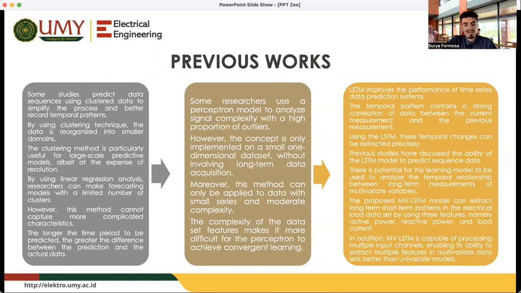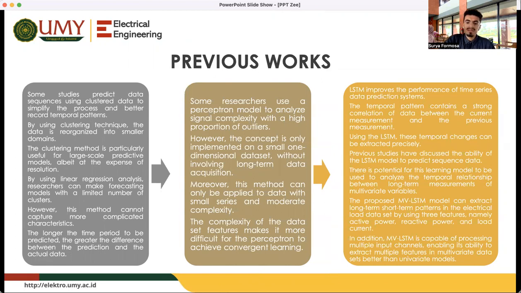By using linear regression analysis, researchers can make predictive models with a limited number of clusters. Some research uses a Prophet model to analyze single series with a high proportion of outliers. However, the concept is only implemented on small one-dimensional data.